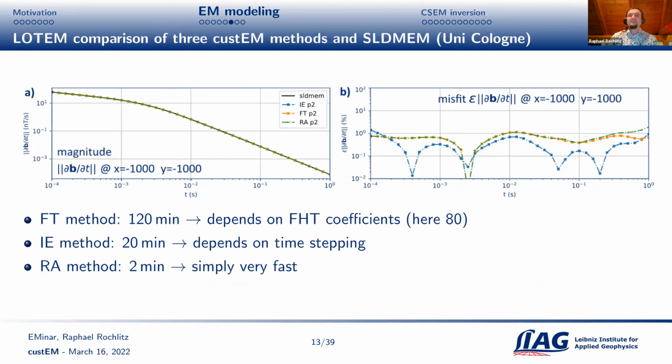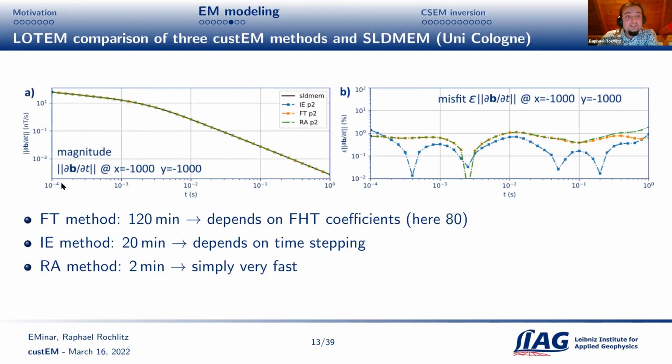And to validate our implementation, we compared our results with the SLDMEM software developed by Druskin and Knizhnerman, which is still available at the University of Cologne. And we see that our results, so this is 1 receiver station in the lower left corner above the anomalies, the BZ derivative in nanotesla per second.